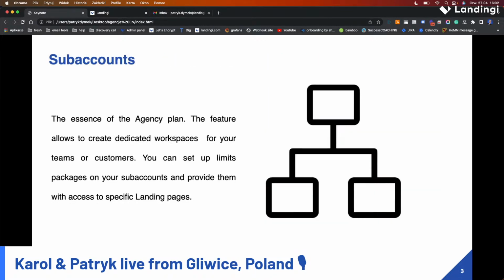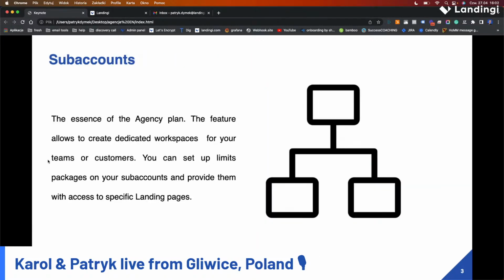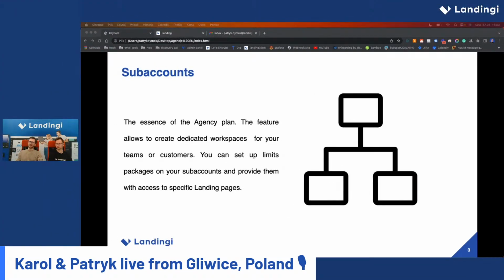So, straight to the subaccounts. Subaccounts are pretty much the essence of the agency account in Landingi. These are so-called workspaces dedicated to each team or each of your customers.